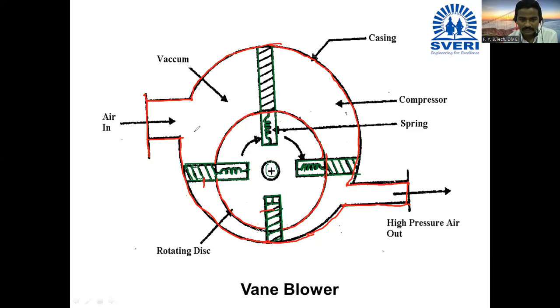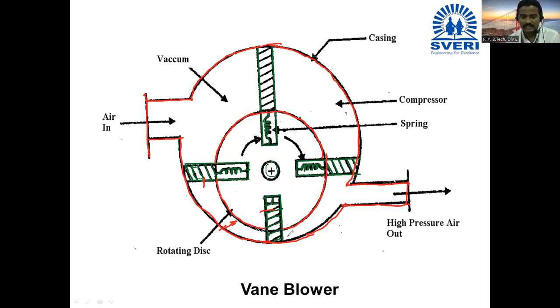Whatever air comes at the inlet side gets entrapped between these vanes and the disc, which is placed eccentrically. Due to the spring loaded vanes, the vanes move toward the center, so the disc comes nearer to the casing side and the pressure of that air increases.